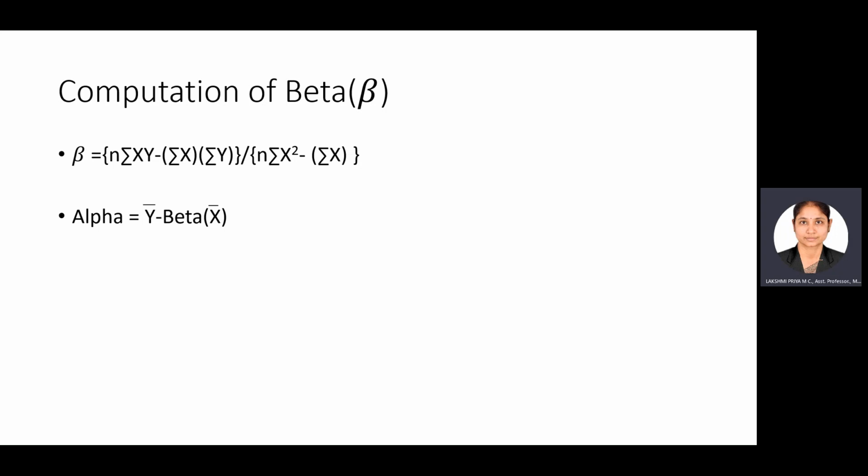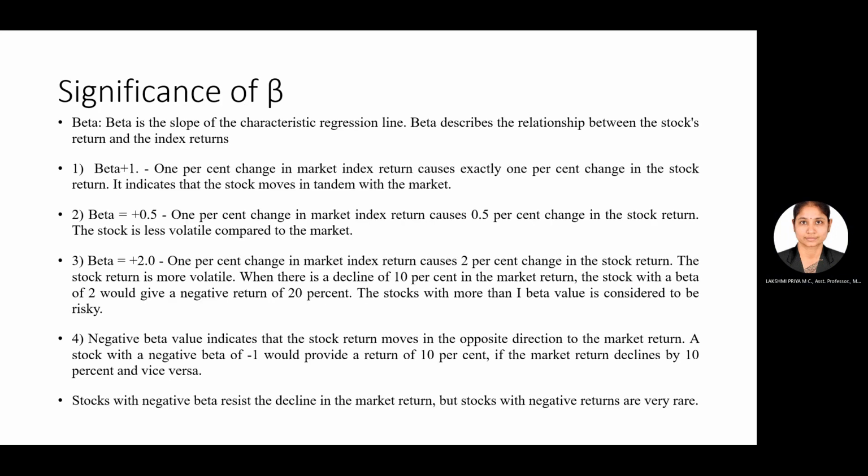If beta is equal to plus 2, it indicates that for every 1% change in market return, it causes 2% change in the stock return. The stock return is more volatile in this case.